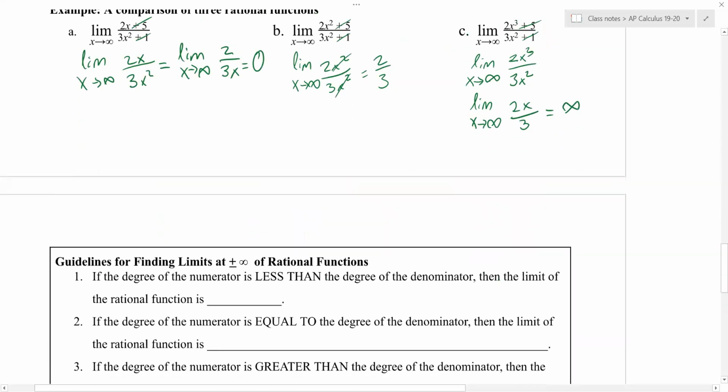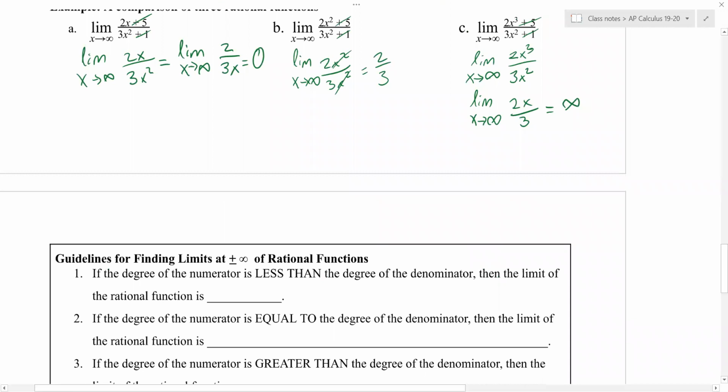So as a general rule, if the degree of the numerator is less than the degree of the denominator, like we had in the first case where we had 1 and 2, then the limit of the rational function is 0. If we have the same highest exponent, or the same degree in the numerator and denominator, then we're just going to take the ratio of the leading coefficients.